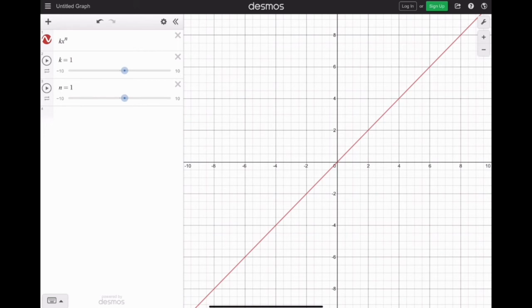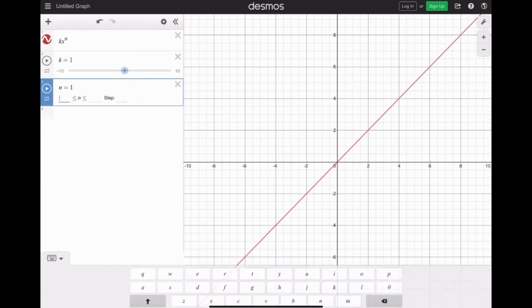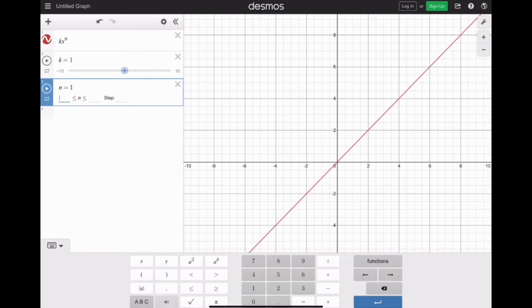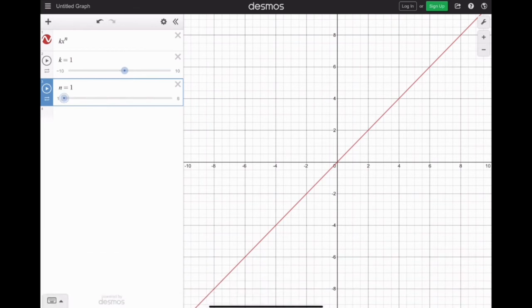I can play around with the various values for k and the various values for n. I am only interested in positive powers, positive values for n. And in fact, I'm only interested in anything above 1. So let me say I actually want to go between 1 and, let's say, 6 with a step of 1. Okay, so you can fix all kinds of things you want here. In our first example on the slides, we actually allowed k to be just 1 and then varied the values for n.